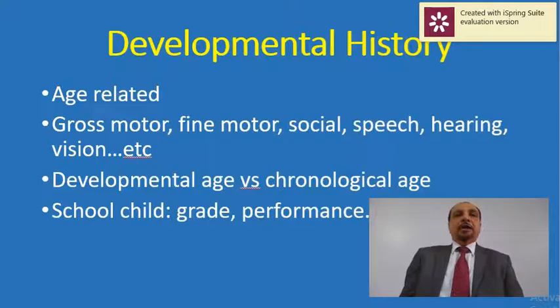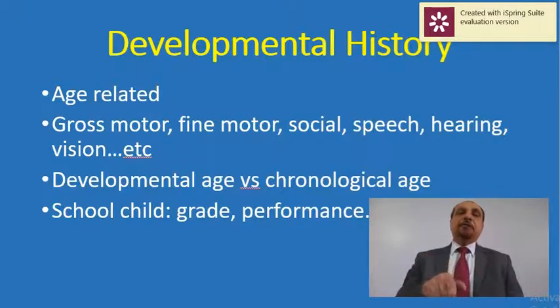So to ask the mother when he started the social smile, started to recognize the mother, sitting, standing, walking, started to say Papa, Mama, this is illogical for older children. That's why, for older children, the developmental history is to speak about the grade in the school or the kindergarten and the performance.